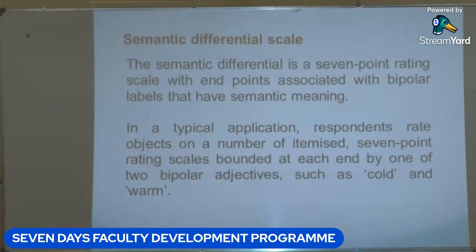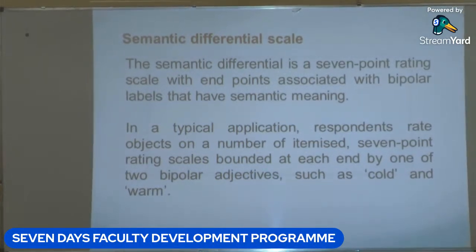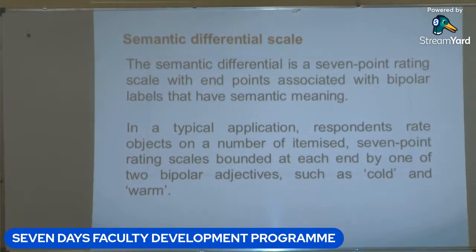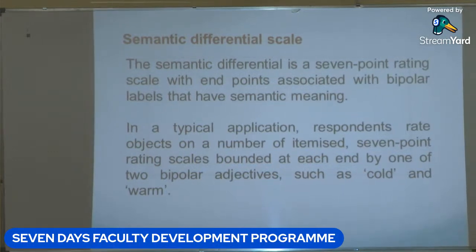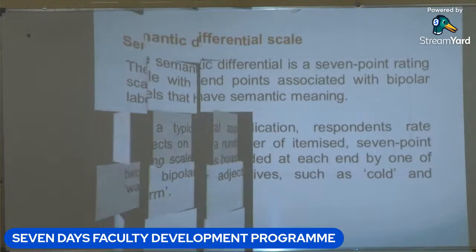In a typical application, respondents rate objects on a number of itemized 7-point rating scales bounded at each end by one of the two bipolar objects, such as cold and warm. So here again, as we saw earlier in the case of the continuous scale, this is also a bipolar one, but within that bipolar you have a 7-point scale. For example, like this.